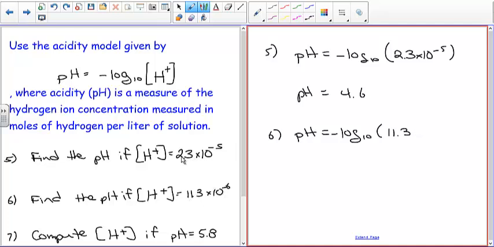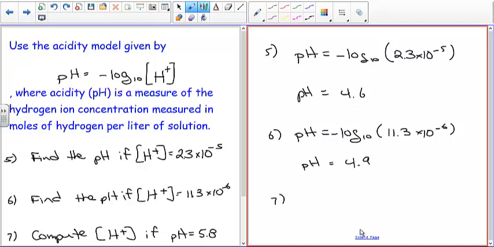Compared with 2.3 times 10 to the minus 5, this is still smaller, but not as big a difference as it could be. Anyway, let's do the calculation: negative log of 11.3 e to the minus 6, and we get 4.9. So it is a little more basic, a little less acidic.